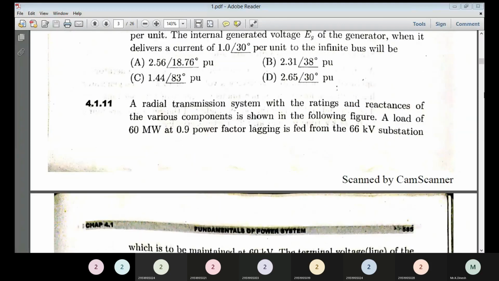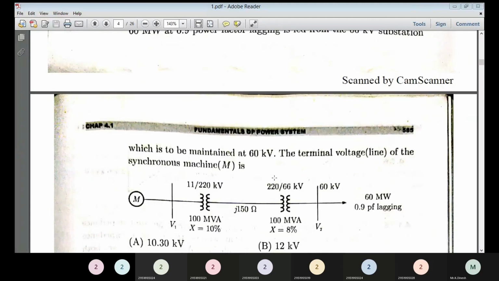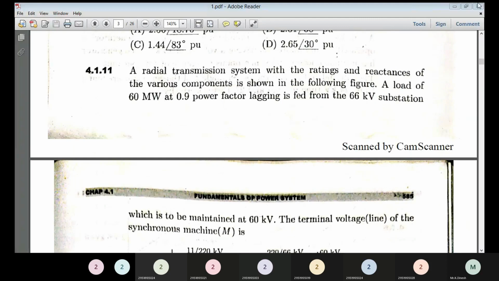This is our PD as well as PSL application. It is a feeder based problem. A radial transmission system with the ratings and reactances of the various components is shown in the following figure. A load of 60 megawatt at 0.9 power factor lagging is fed from the 66 kV substation.